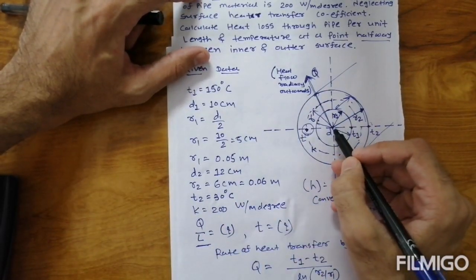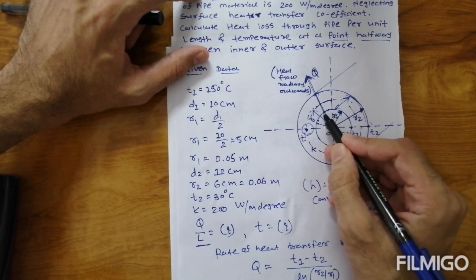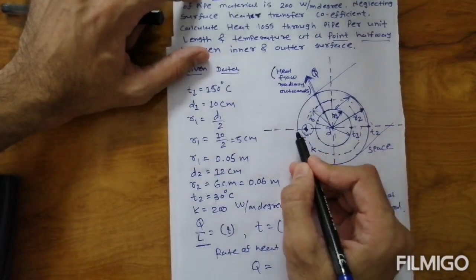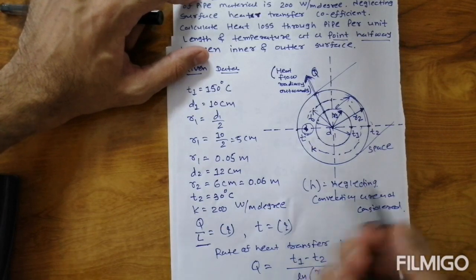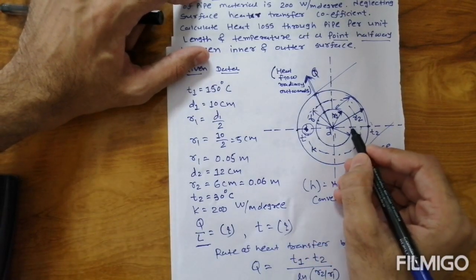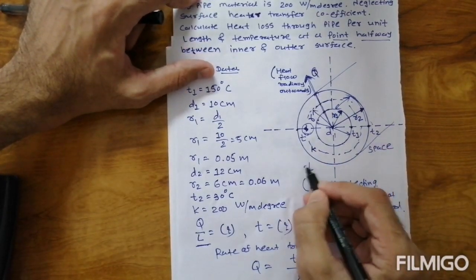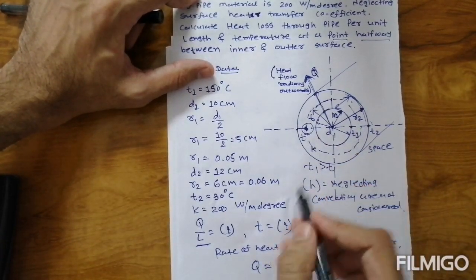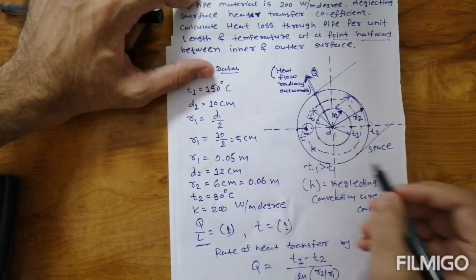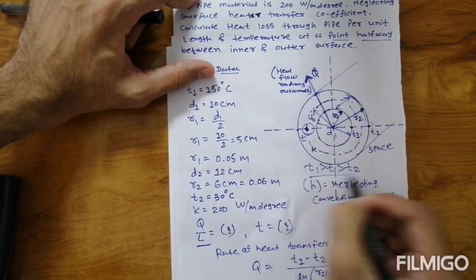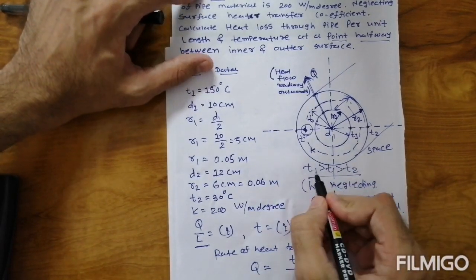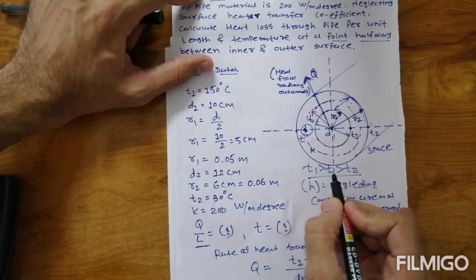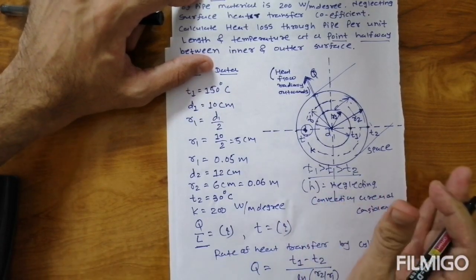First heat transfer takes place from the inside surface to the halfway, and then from the halfway to the outside. Or we can say that the heat transfer takes place first from T1 to T, so T1 is greater than T. Then after that, from T to T2. So that will be our heat transfer, T1 to T, then T to T2.